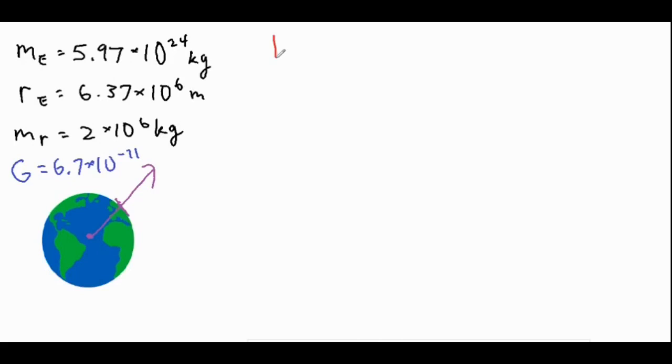We're going to have an initial kinetic energy, an initial gravitational potential, a final kinetic, and a final gravitational potential. Now in this case, it's going to be a little bit different. We for sure will have some initial velocity, and let's just say that initial velocity is 9,000 meters per second.